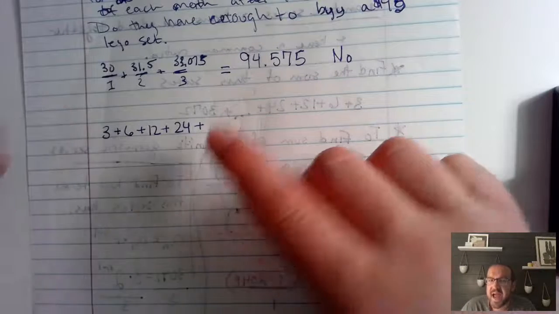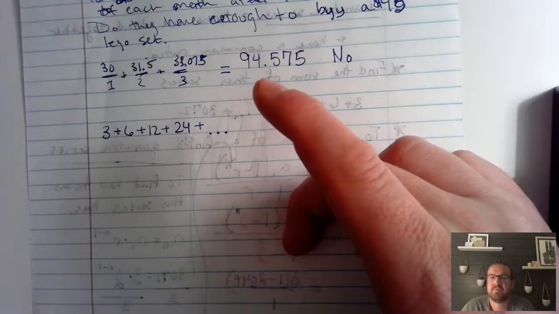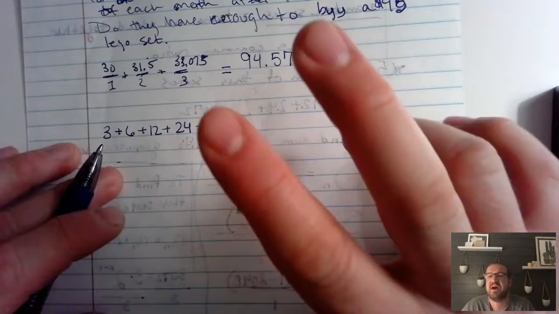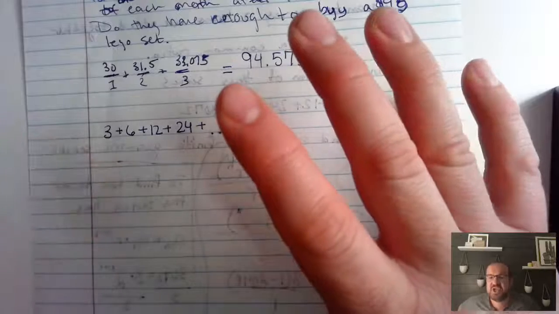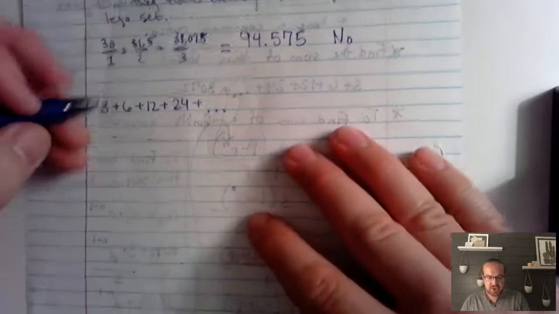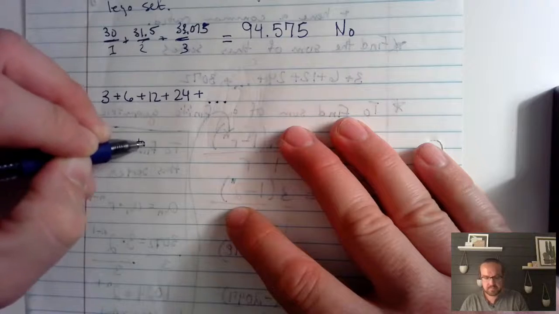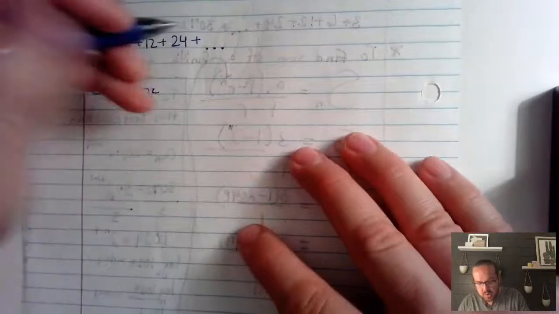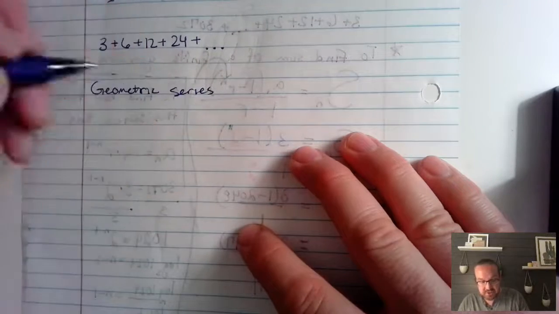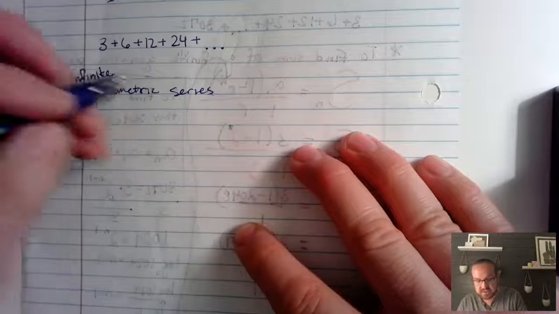What is going to happen to the sum? Am I going to be able to find it? So there are two different types of infinite geometric series here. There are two types of infinite geometric series.